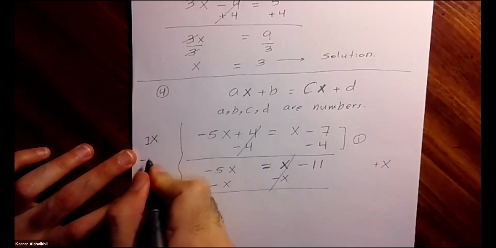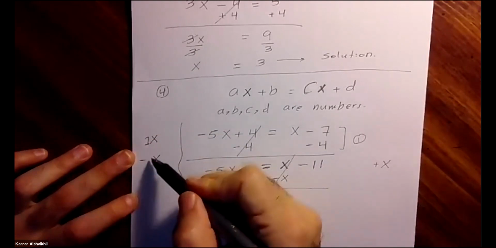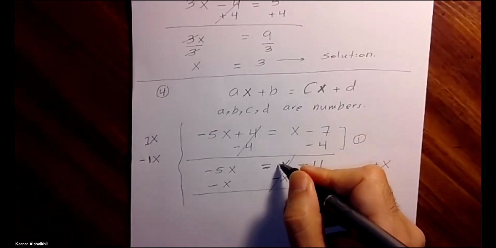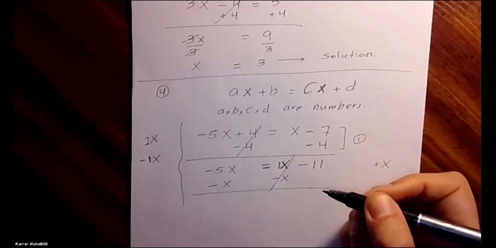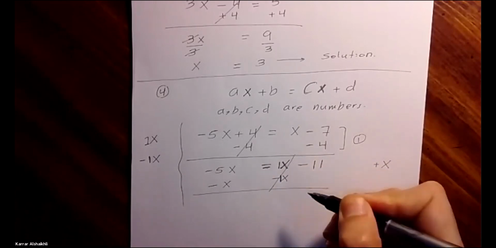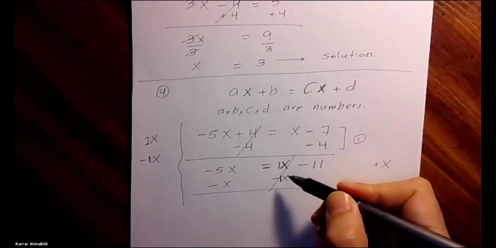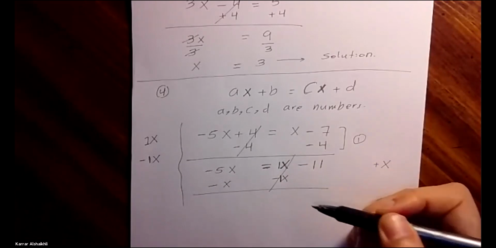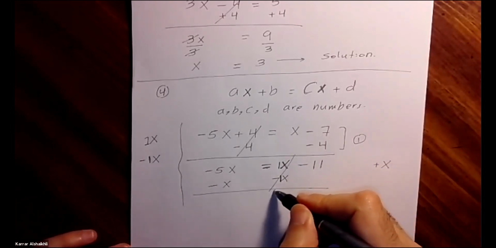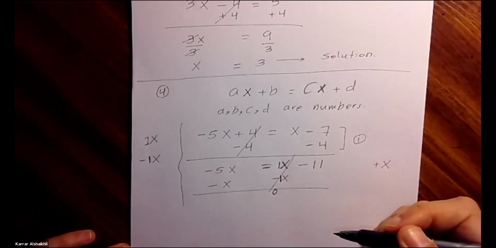So if you have negative x, what's the number here? 1, an invisible 1. That means you have 1x, and here is another 1x. If you have 1x and I'm going to take from you 1x, what's the leftover? Zero.